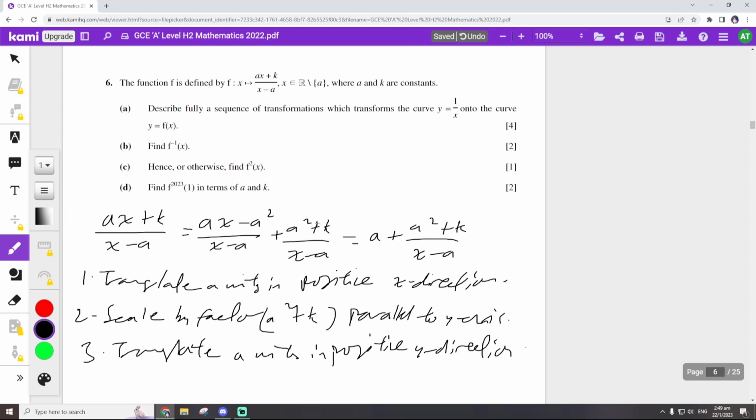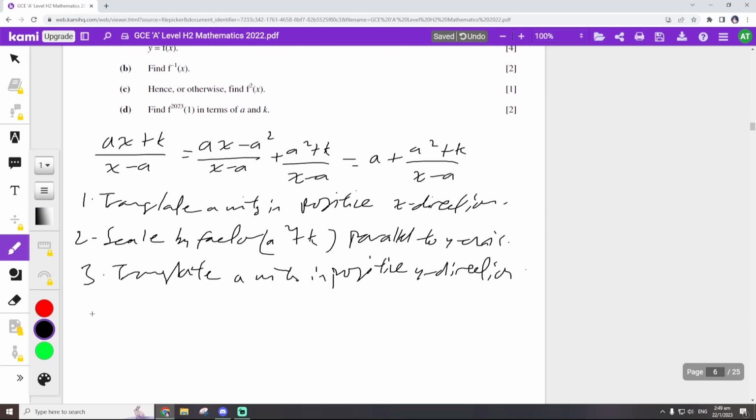Find f inverse. Okay, let y equal f of x. So one has y minus a equals (a squared + k) over (x - a).